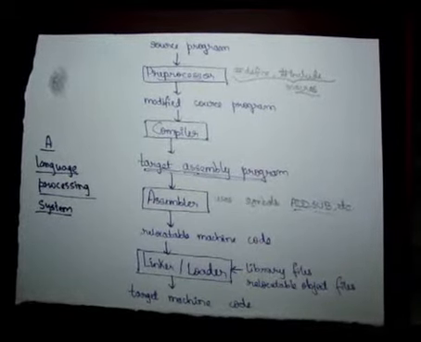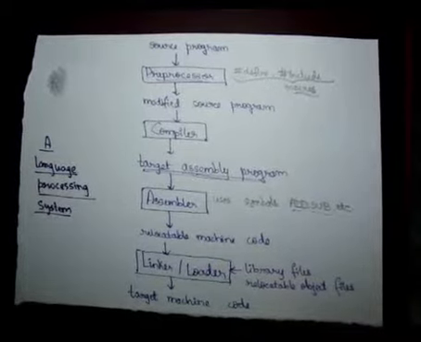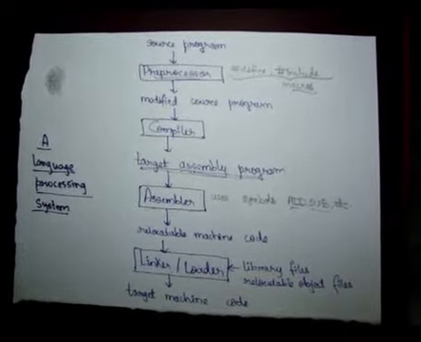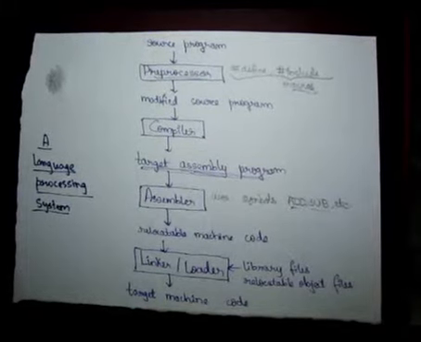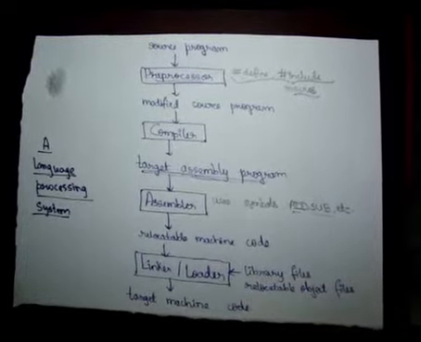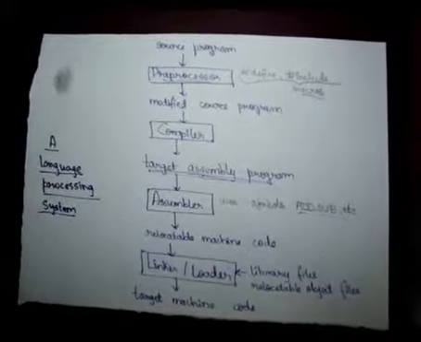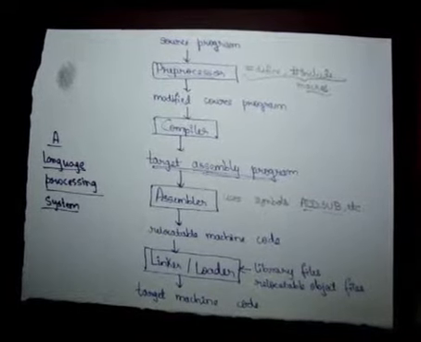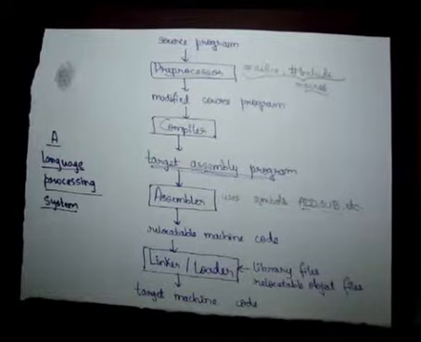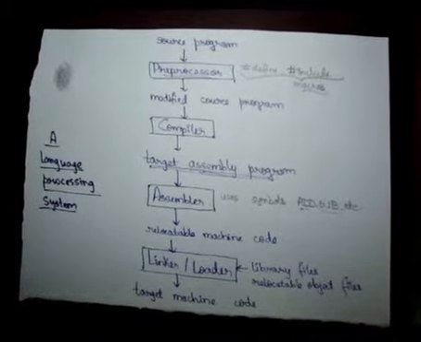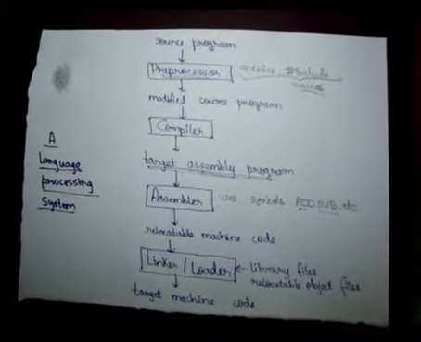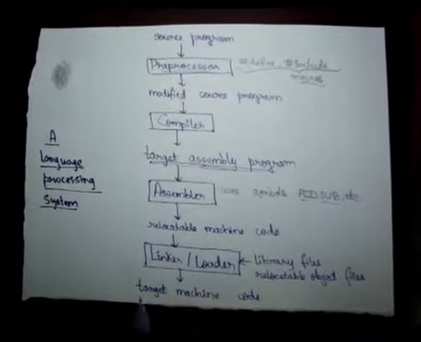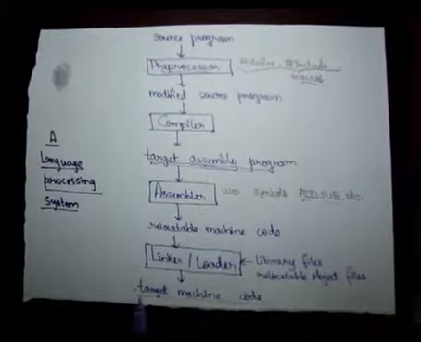After the relocatable object files and library files are combined, we need a loader which loads these from our main memory and puts them into execution. After they have been executed or processed, we get the required target machine code.